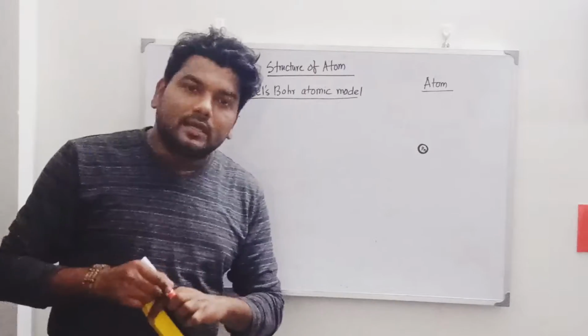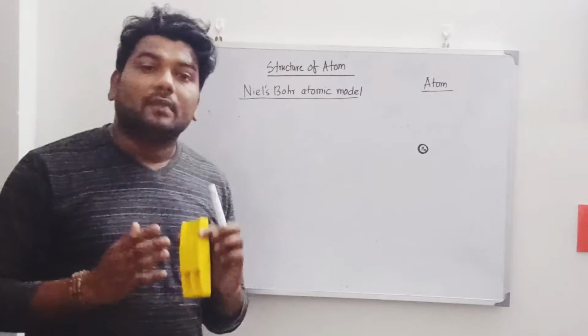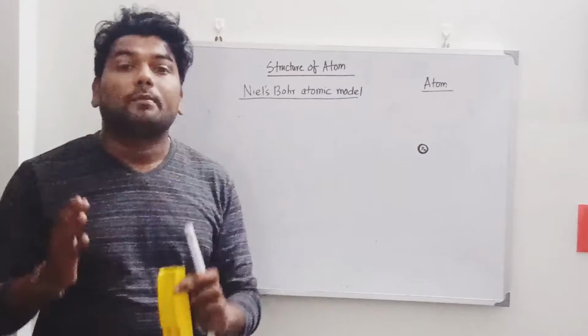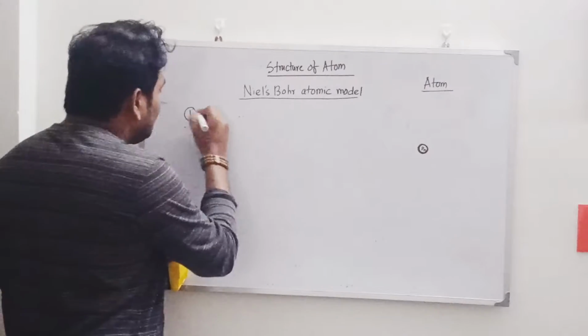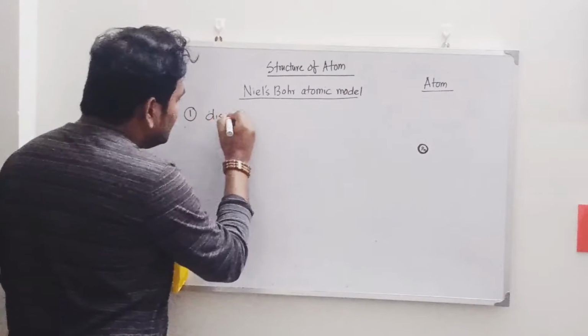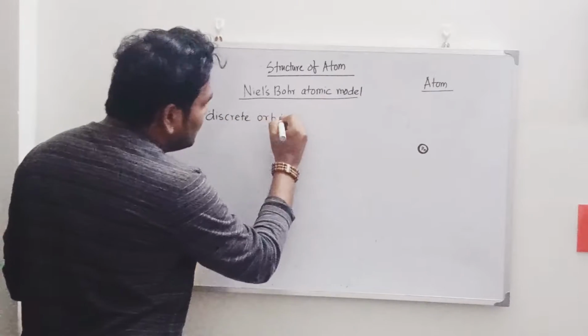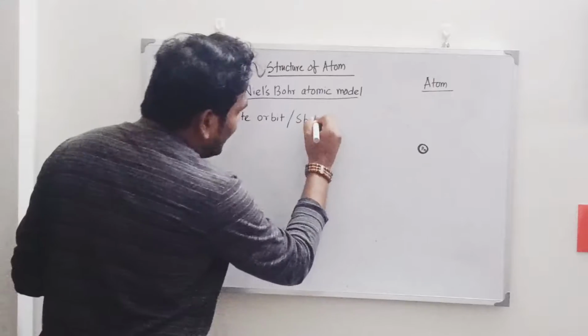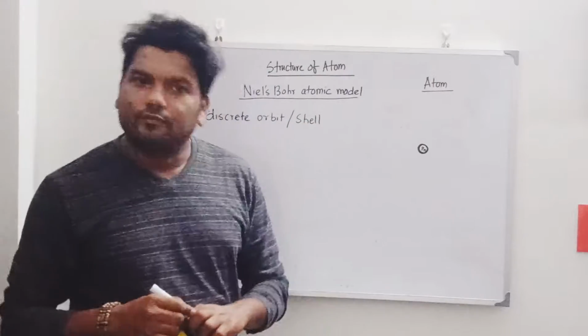So what are the postulates? He said that in a particular atom there must be a discrete number of orbits or shells, and in those discrete orbits or shells the electrons are revolving.